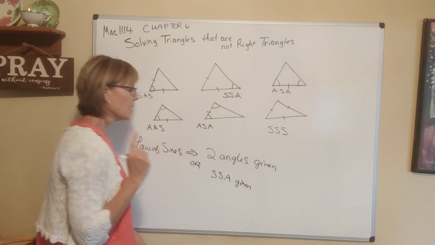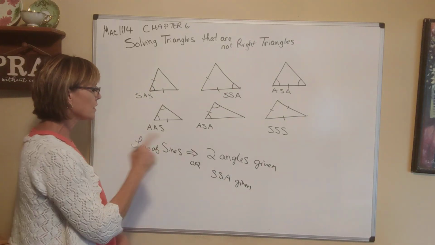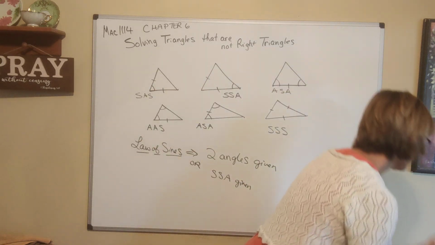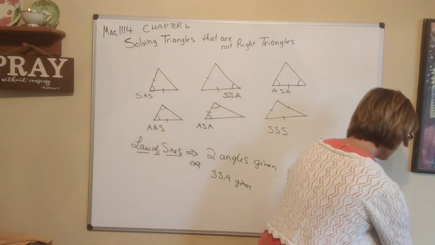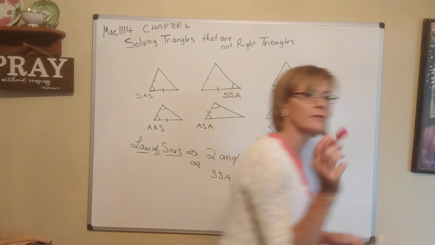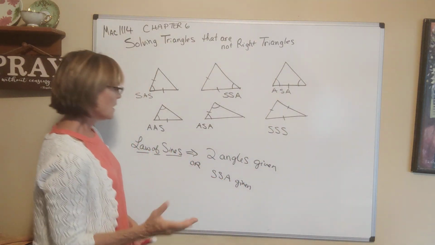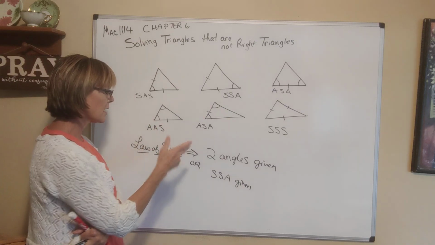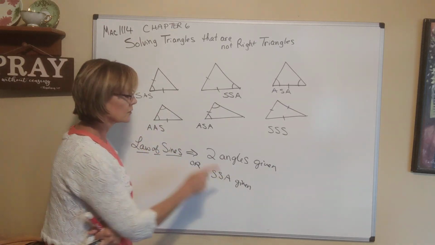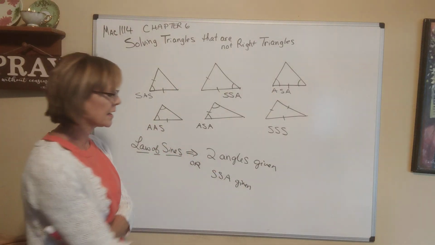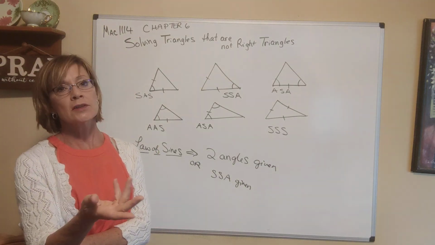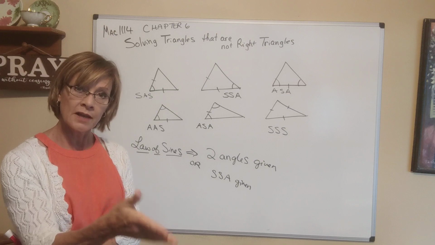All right, so let's go through and say which one of these can we use the law of sines for. I'm going to mark the law of sines in red. The rule is if there are 2 angles given, law of sines, or if it's side, side, angle. So what you might hear me say is, if you spelled this backwards, it would spell sort of a bad word. So if you can spell a bad word with it, that's law of sines as well.